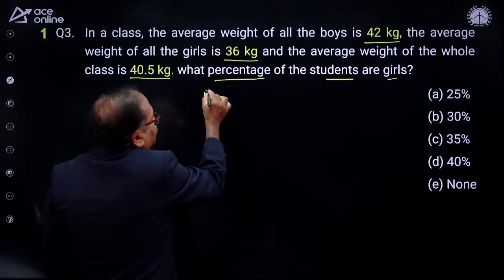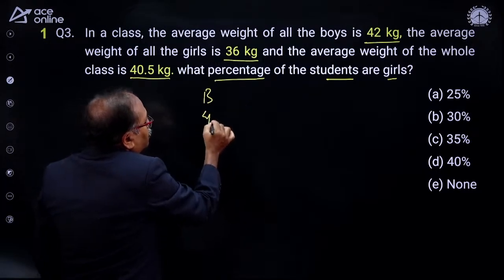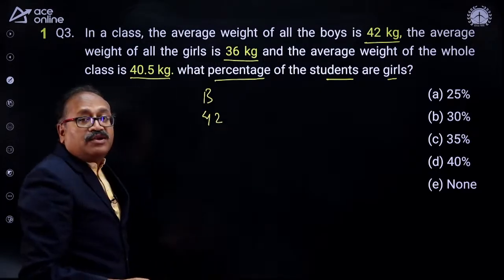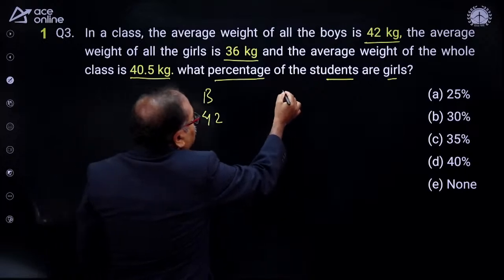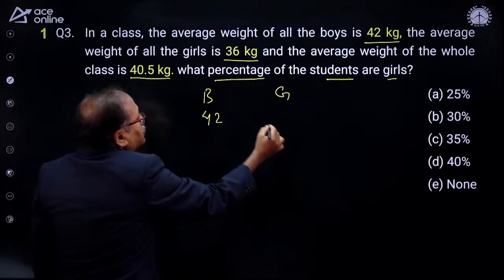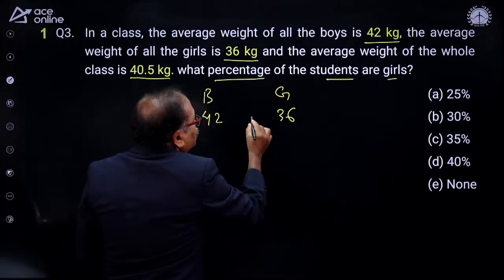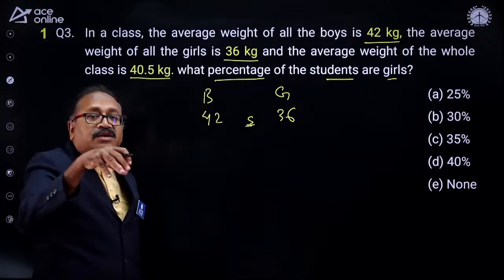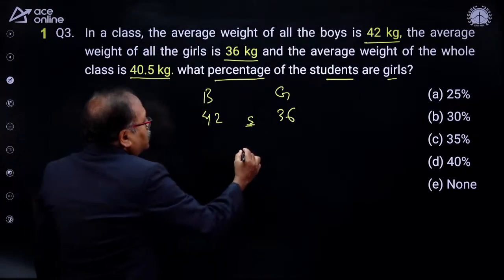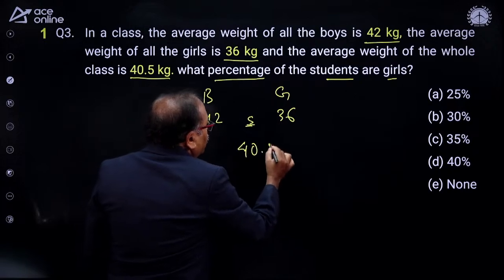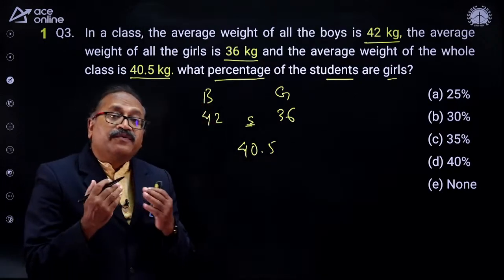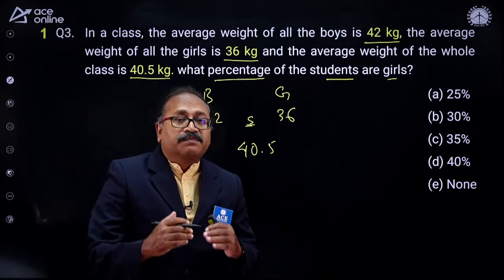About boys, we have 42 kg as the average weight. About girls, we have 36 kg. And for students, including boys and girls, the average is 40.5. This is a very basic question and very frequently comes in the prelim level.